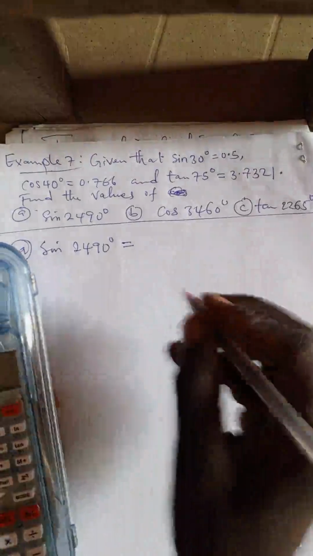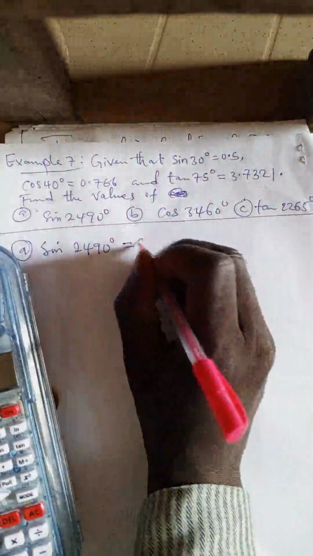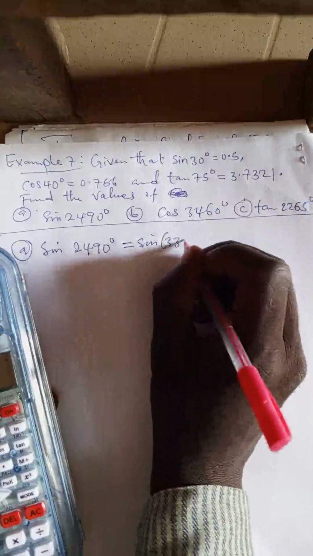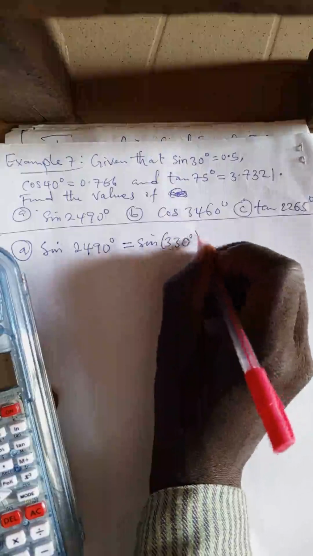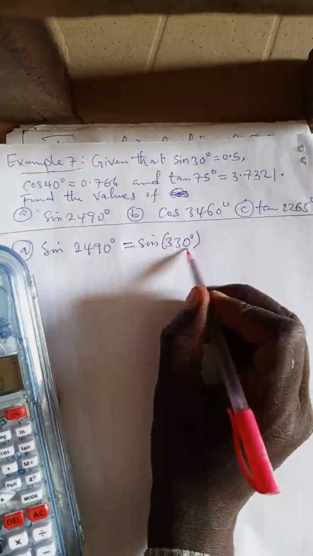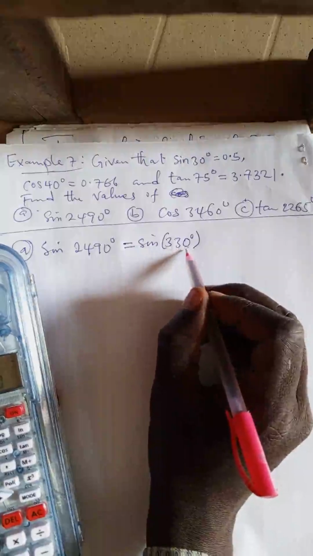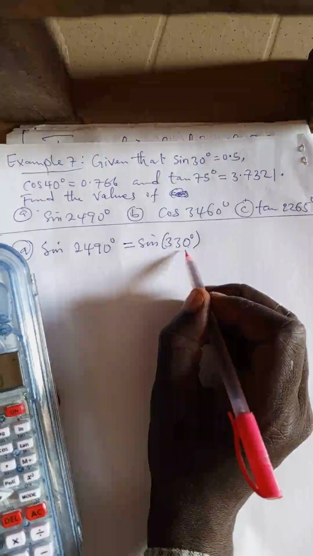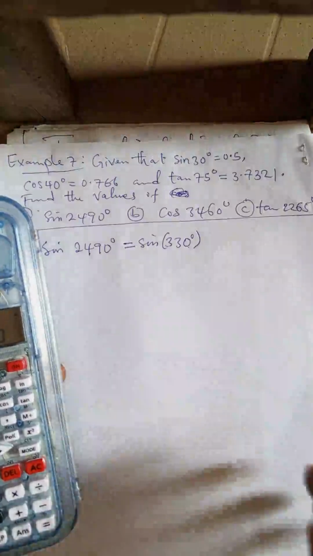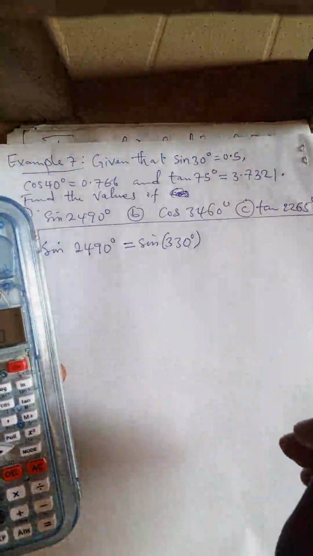But 330 degrees lies in which quadrant? Of course, this lies in the fourth quadrant. And in the fourth quadrant, everything is negative except the cosine.